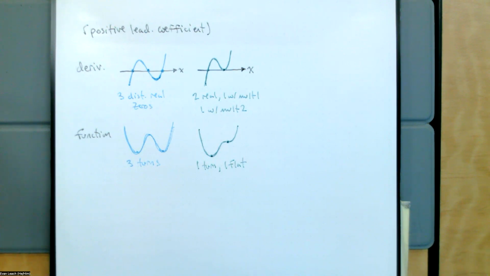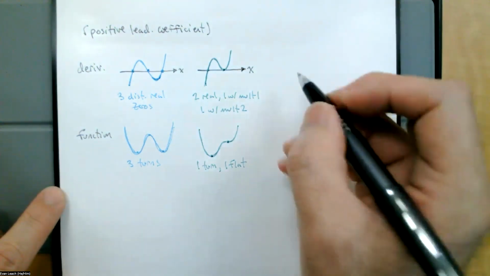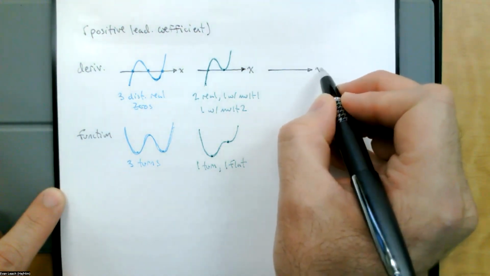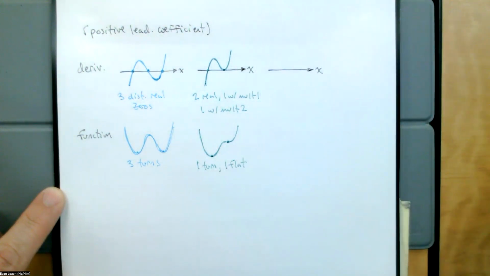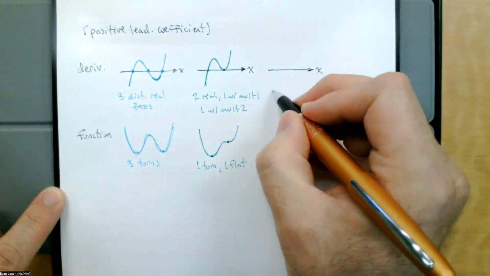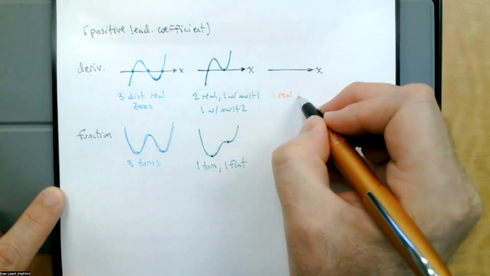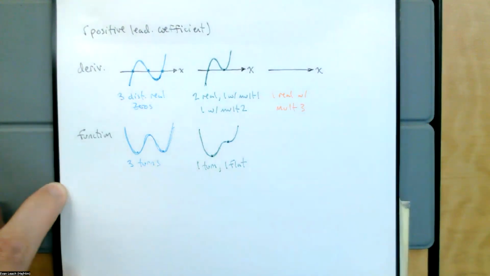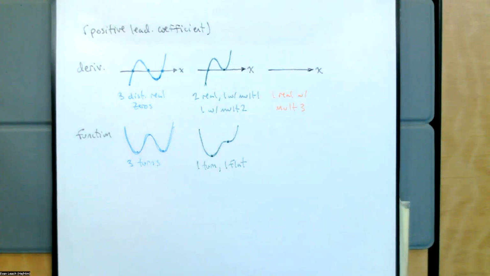Third option for our derivative. We could have one real zero with multiplicity 3. This is your traditional x cubed graph.